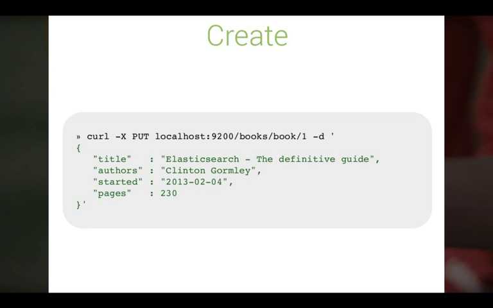So what is slash books? Slash books is our index name. Slash book, which we have in the middle, is the type of the index. Then slash 1 is the ID of that book.